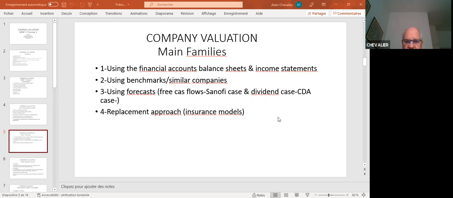You calculate the weighted average cost of the funds, the WACC, and you make a calculation to discount the free cash flows you have found.